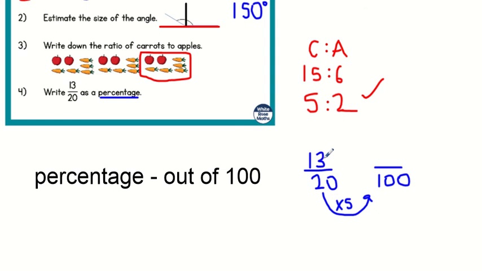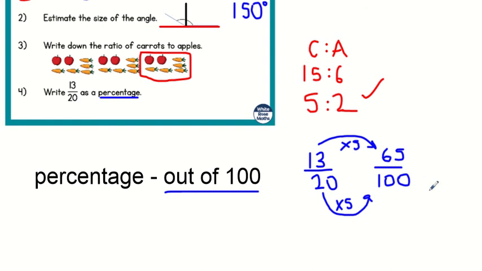Whatever I do to the denominator, I have to do the same to the numerator. So 13 times 5 is, well, we're lucky that we know our 5 times table. 12 times 5 is 60. So therefore, 13 times 5 would be 65. Now, my fraction is now out of 100.